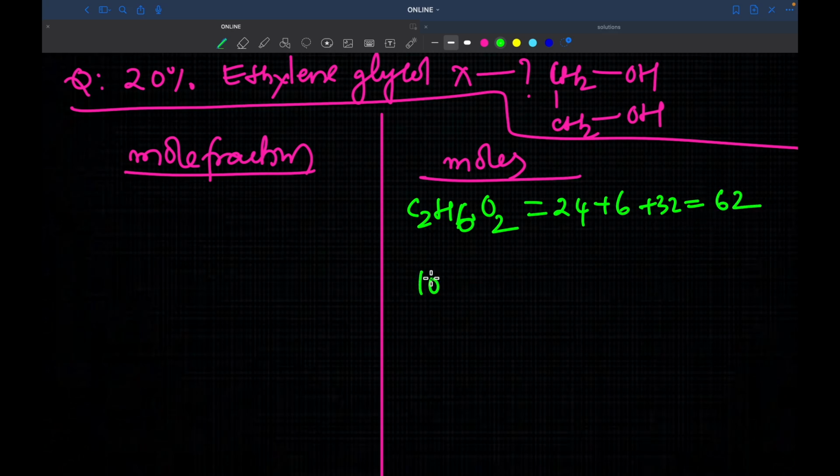Again you have to understand the meaning of 20%. So 20 grams is ethylene glycol, and 80 grams is water. So it is 20 grams of ethylene glycol by 62, and 80 by 18.